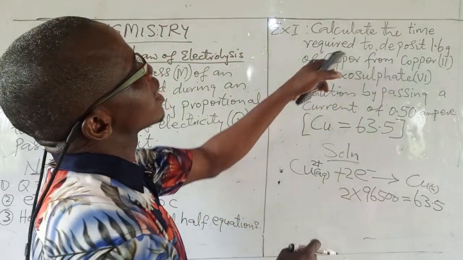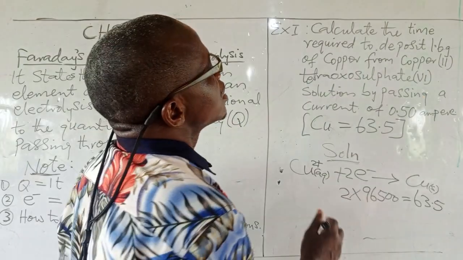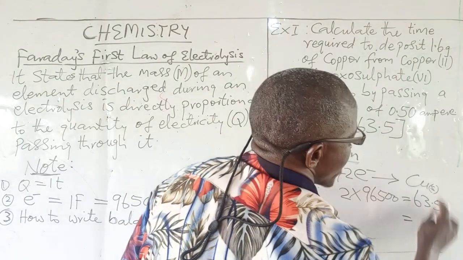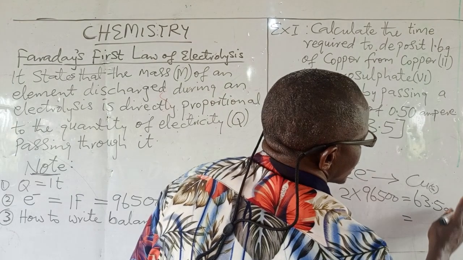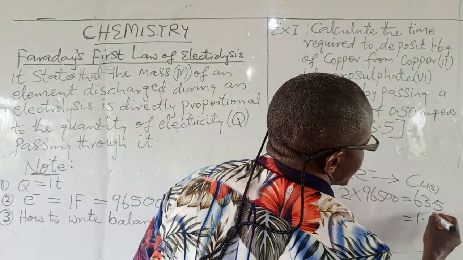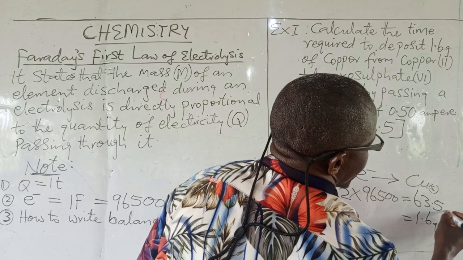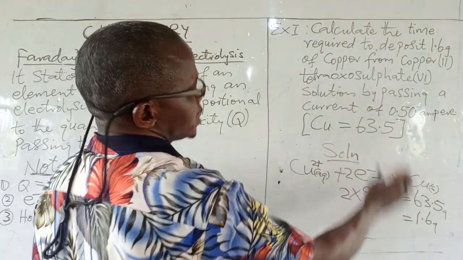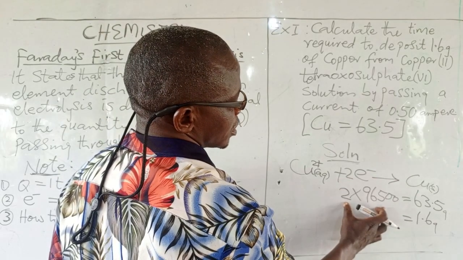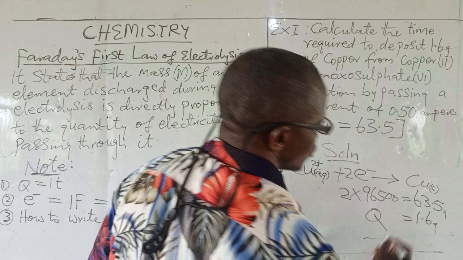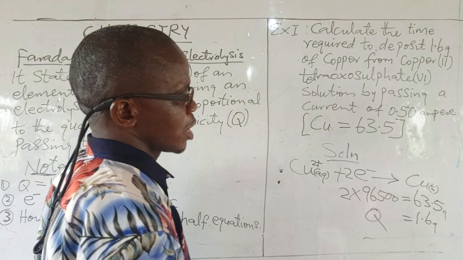Now the mass that they are giving you there is 1.6 gram. So the quantity of electricity that will deposit this, I do not know, and I use Q there.